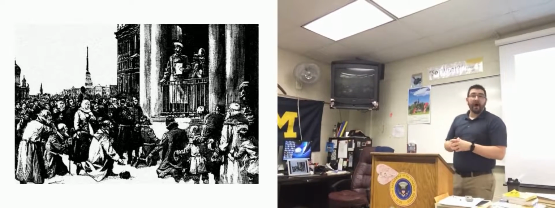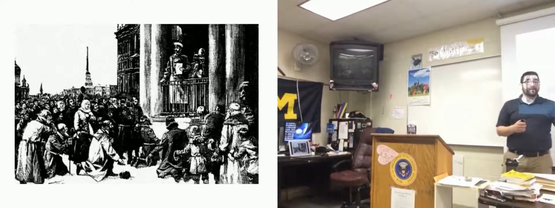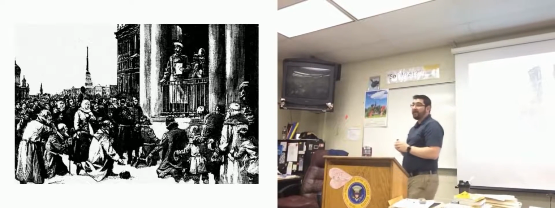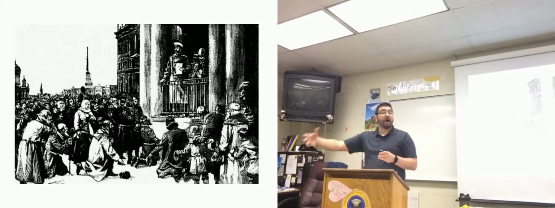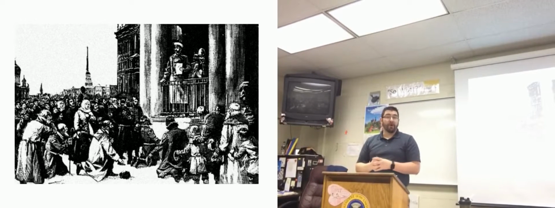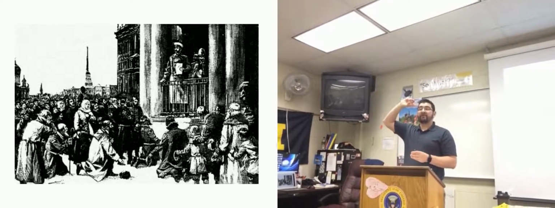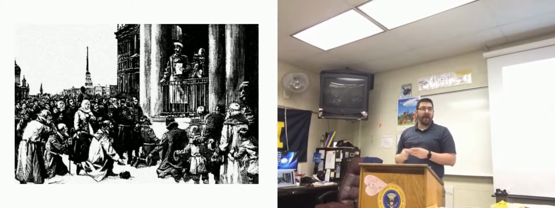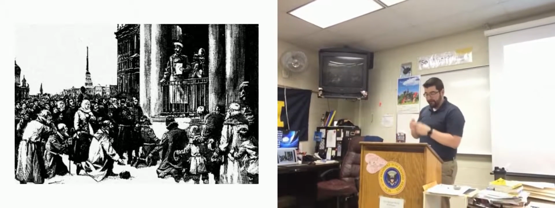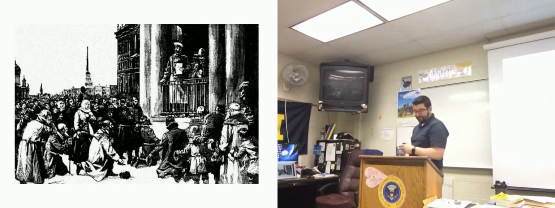In 1861, the institution of the serf is going to be ended in Russia. And the hope was that that would free up people that could become industrial laborers in urban areas. You should note, in 1861, serfdom is ended in Russia. In 1865, slavery is ended in the United States. All right, so these are happening at virtually the same time.